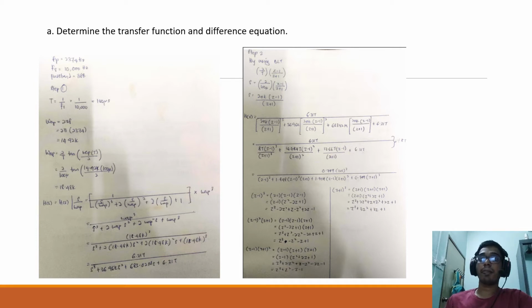And with simplifying the given equation, which is the formula, I get Wp power of 3 divided by s power of 3 plus 2 Wp s power of 2 plus 2 Wp power of 2 times s, and finally plus Wp power of 3.